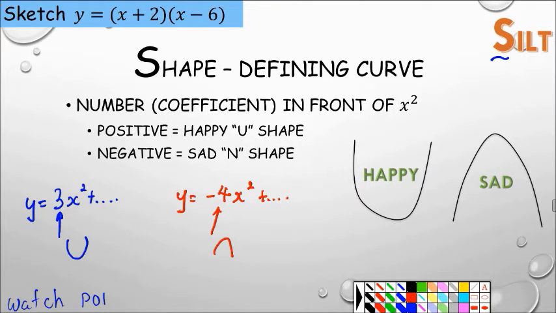So in this example, how do we decide whether it is positive or negative? We will expand and then we see that it is x squared plus something. So this means that it is a plus 1. That means this is a happy curve.